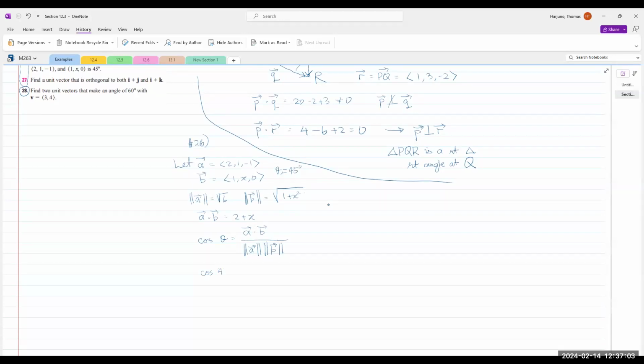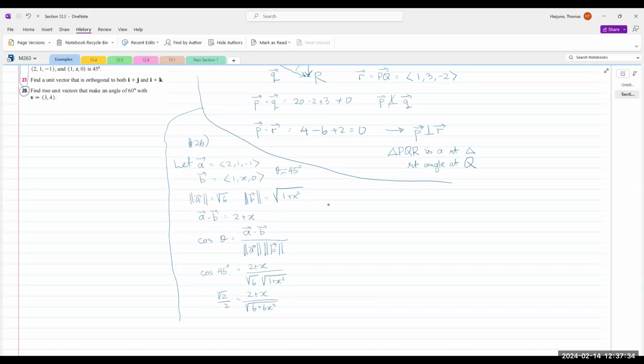So cosine of 45 degrees is the dot product over the product of the magnitudes. This is radical 2 over 2 equals 2 plus x over square root of 6 plus 6x squared. I will do number 27 to the left of this later on.